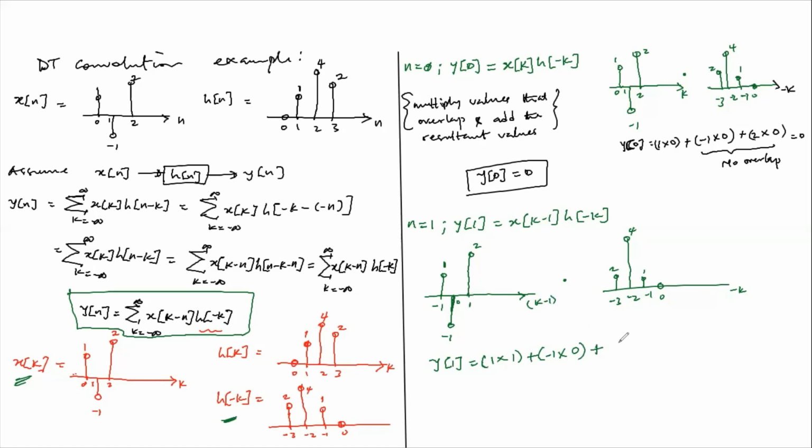At point 1, we have 2, but there is no overlap here, so it's 0 here. So that will be 1 times 1 is 1, plus minus 1 times 0 is 0, plus 0, which is equal to 1. So y of 1 is equal to 1.